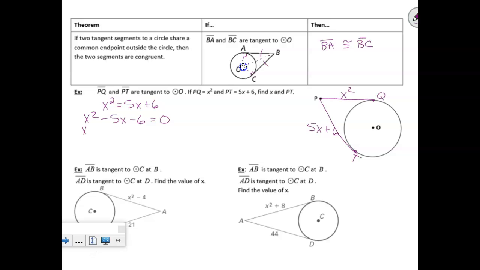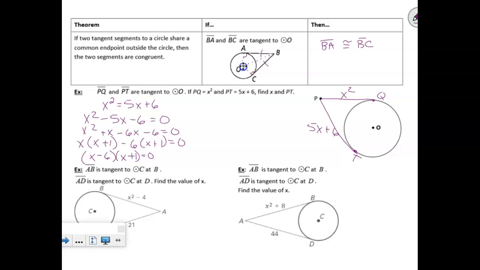We'll get x squared plus x minus 6x minus 6 equals 0. Factoring out an x from this group, factoring 6 from this group, we end up with x minus 6 times x plus 1 equals 0.